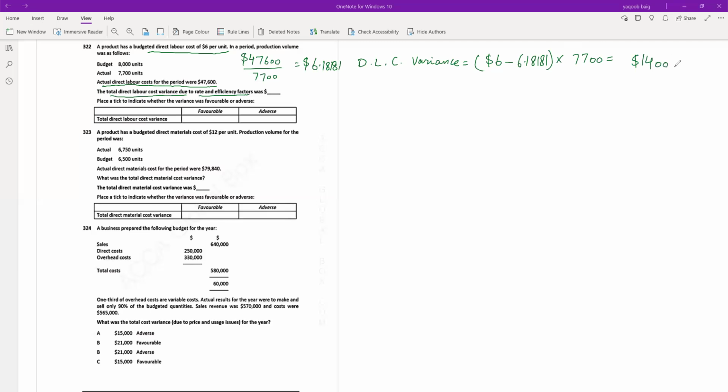We can solve this alternatively, where we calculate flexed labor cost by multiplying 6 with the actual units 7,700. 6 multiplied by 7,700 is 46,200, minus actual labor cost 47,600. So we have $1,400 adverse.